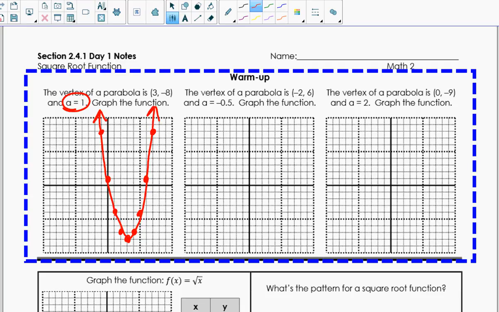Okay. Now, for the next one, you have a vertex at -2, 6. But then your A is -0.5. So instead of up, you're going down, and then you're going to have all of those distances.